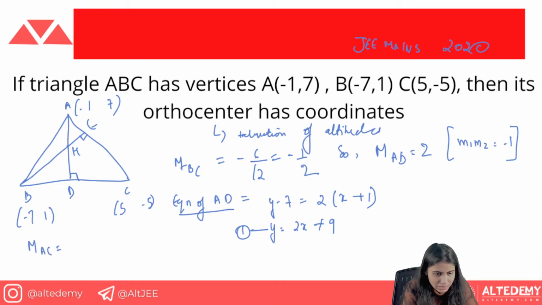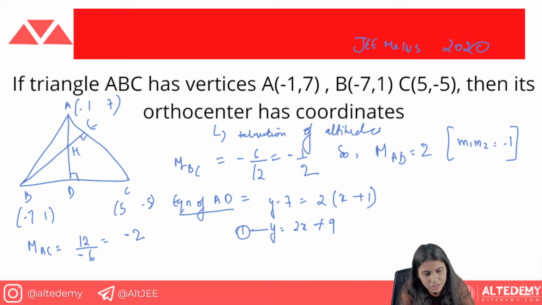The slope of AC will be calculated by 12 upon -6, and that is going to be -2. How did we do it? The slope of AC is obviously 12 by 6 in magnitude, calculated by doing y2 minus y1 upon x2 minus x1.